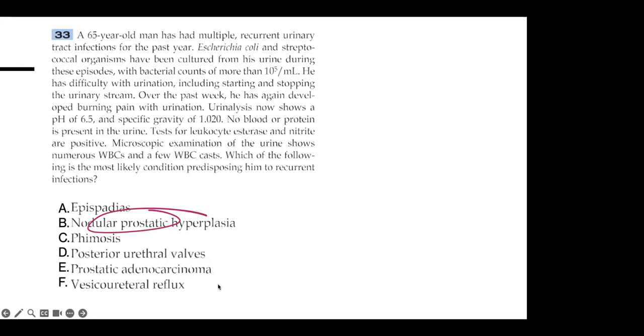This is right, this could be true if we're dealing with a small child. If it's a child who has recurrent UTIs, vesicoureteral reflux is a great answer. But for a 65-year-old male, the biggest thing will be NPH or BPH. So if you see an old patient with similar symptoms, absolutely have this in your differential.